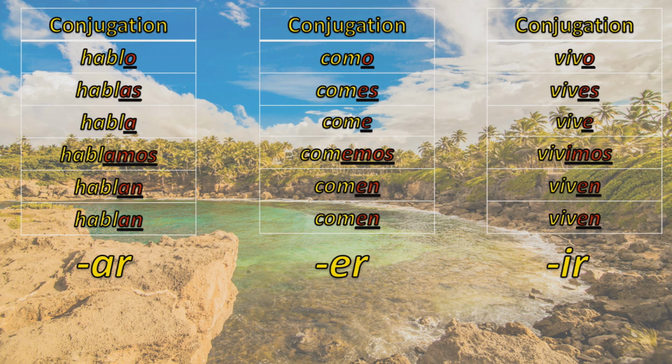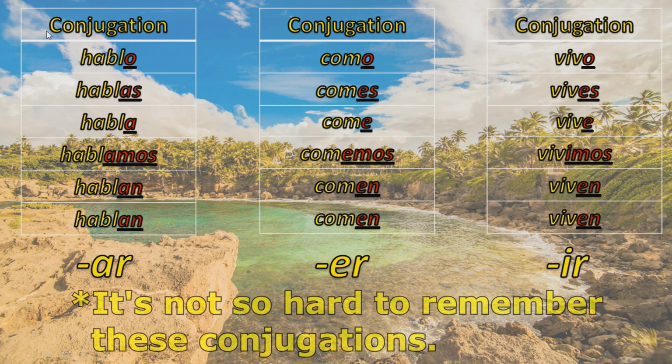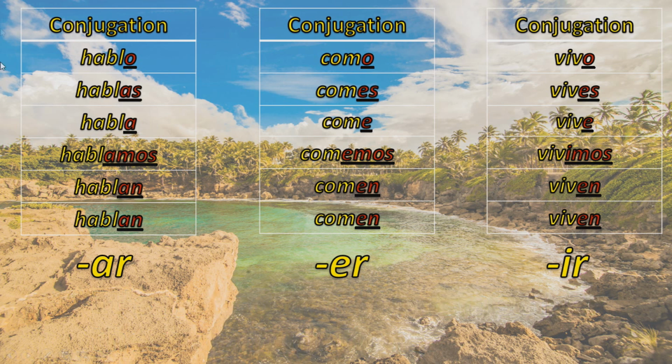Because it's not so easy to remember. With the personal pronoun yo, if I am talking about myself, I remove the last two letters in the case of AR, ER, or IR, and the only thing I have to do is write O, for the three groups.